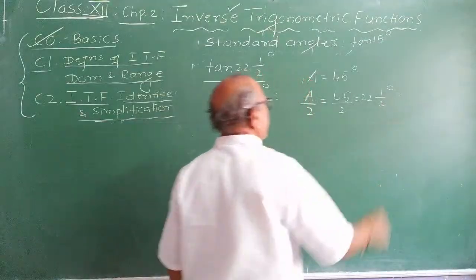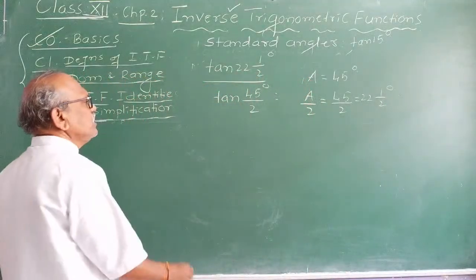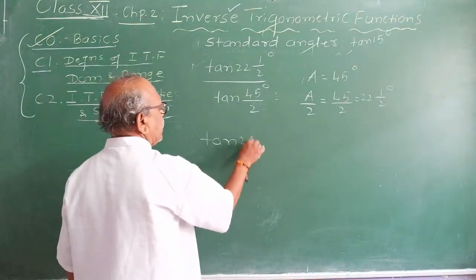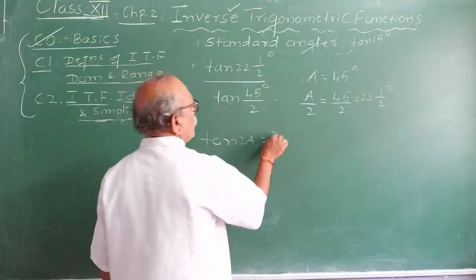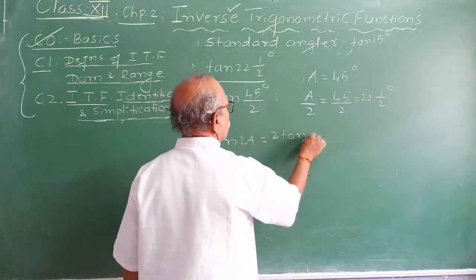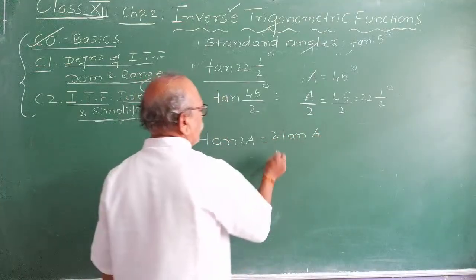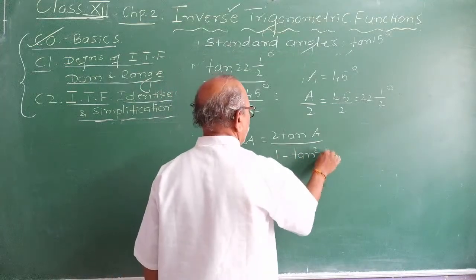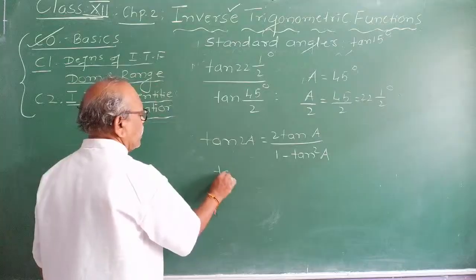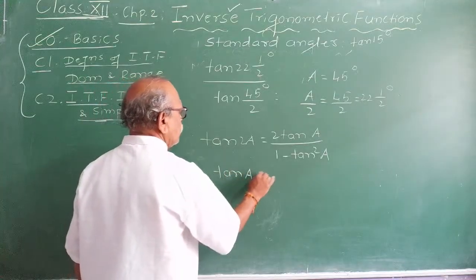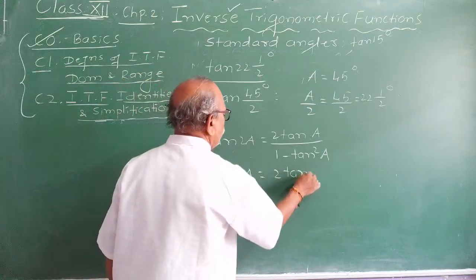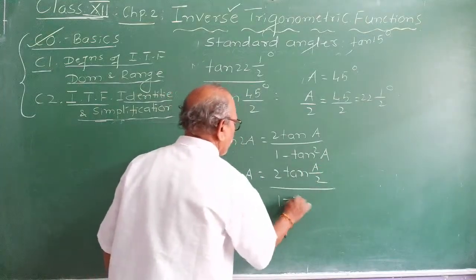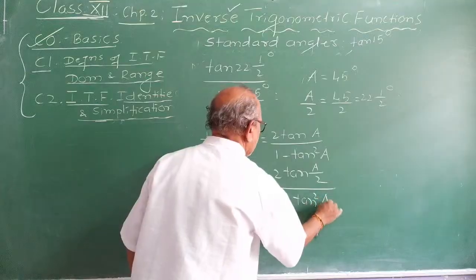Today, you try this one using the identity. Which identity are you using? You know that tan 2A is equal to 2 tan A upon 1 minus tan square A. If I take the half angle formula, tan A is equal to 2 tan A by 2 divided by 1 minus tan square A by 2.